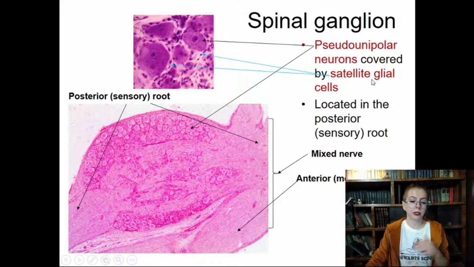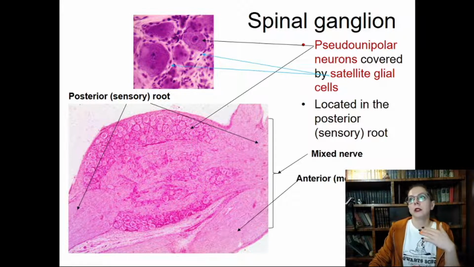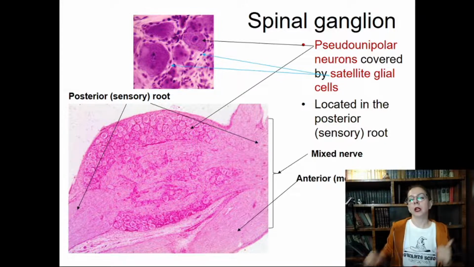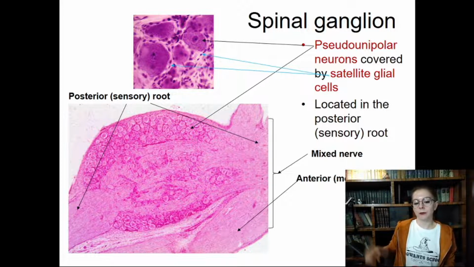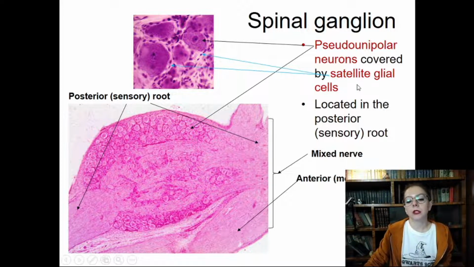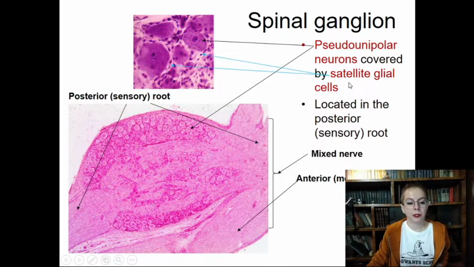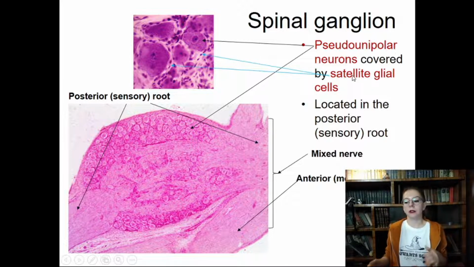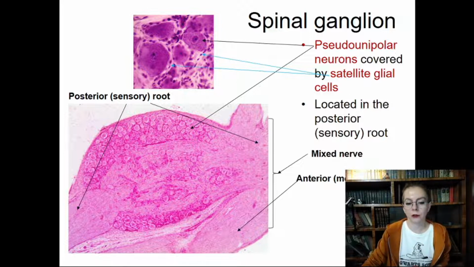Those satellite glial cells are part of our glial cells. If you remember the previous lecture about nerve tissue, glial cells in the central nervous system are divided into macro- and microglia, and in the peripheral nervous system, they include satellite cells, Schwann cells, and some others. So satellite cells are similar to astrocytes in the central nervous system.